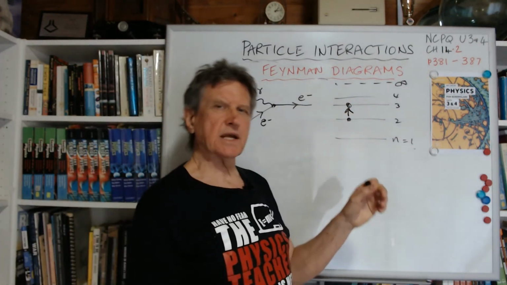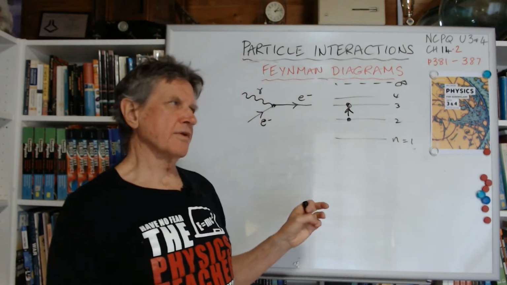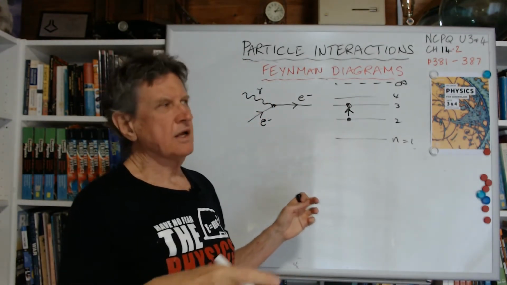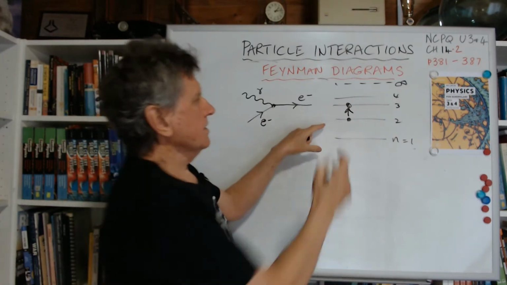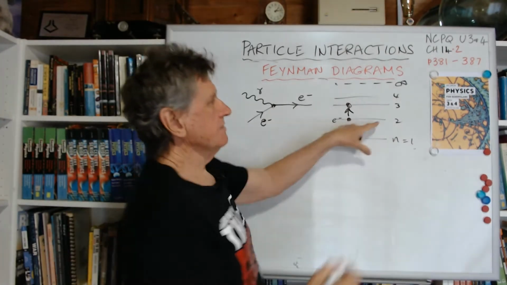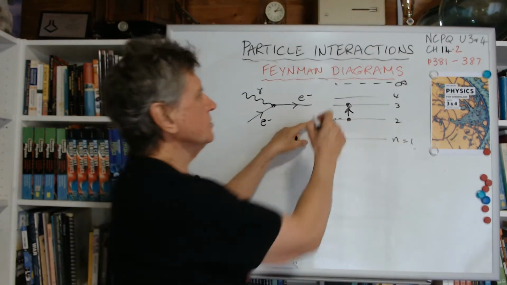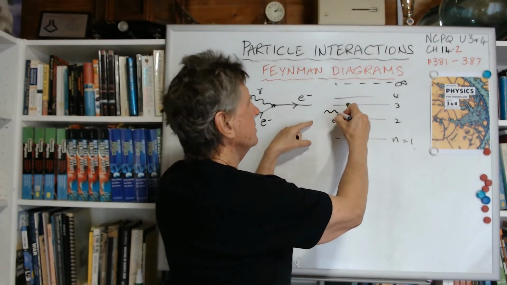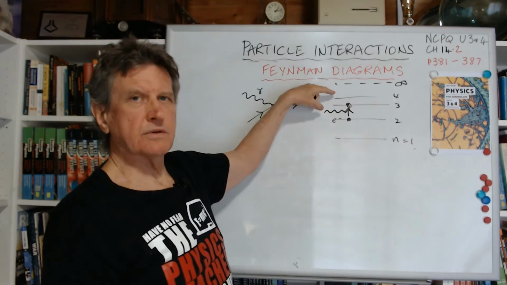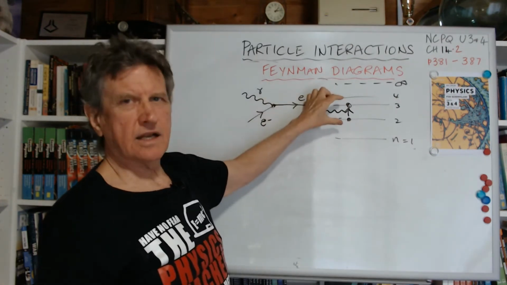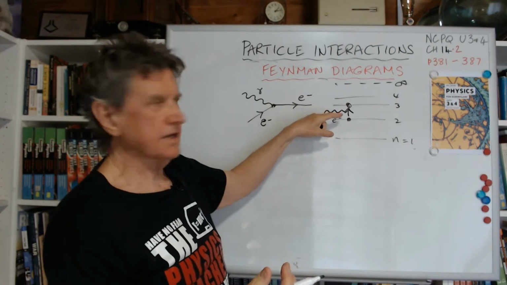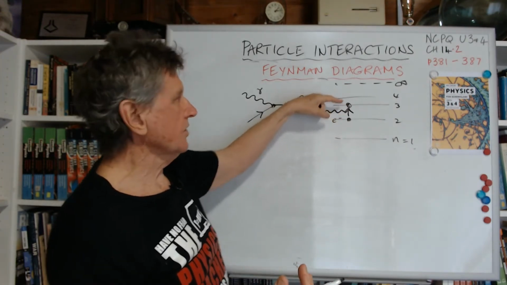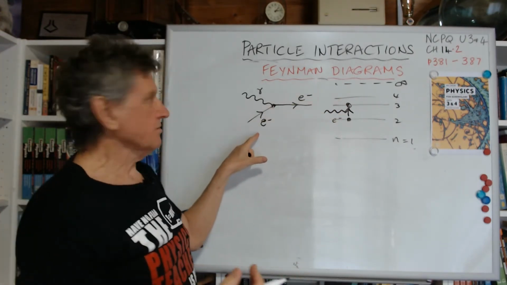Now this goes back to your work with the hydrogen spectrum in the earlier quantum physics part. So that's an electron in energy level 2. It absorbs a photon and hops up to energy level 3. It's still an electron, but it has absorbed that photon, so it's got a lot more energy. That can be represented by this process here.